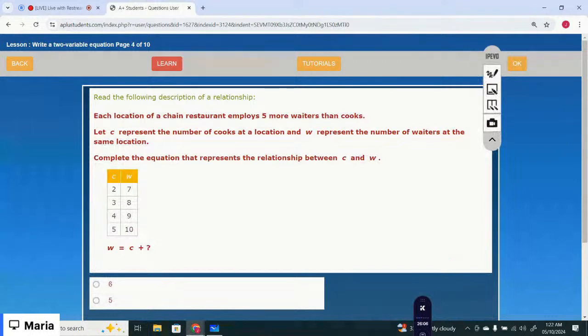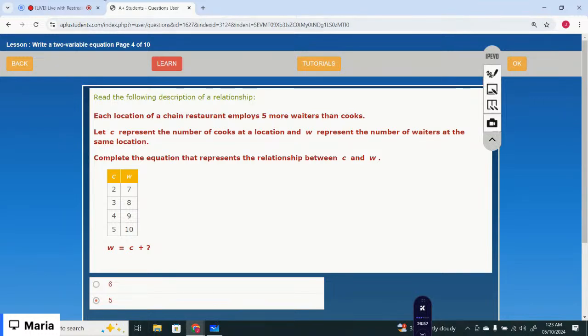Which number is it? 2 plus what number is 7? Yes, 5 it is. So, the correct option is 5.